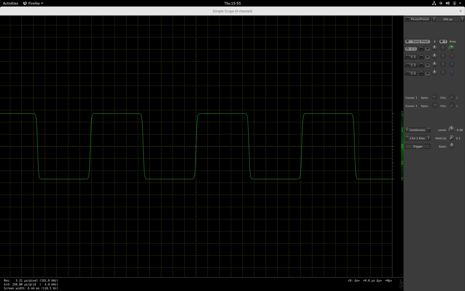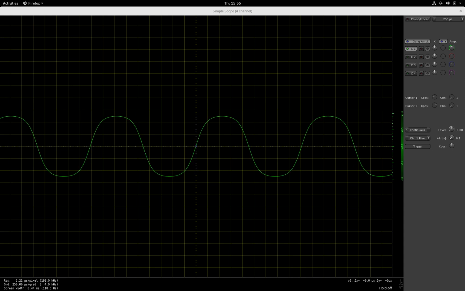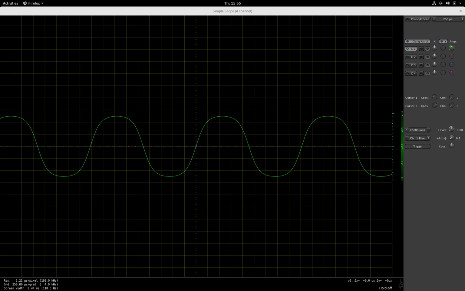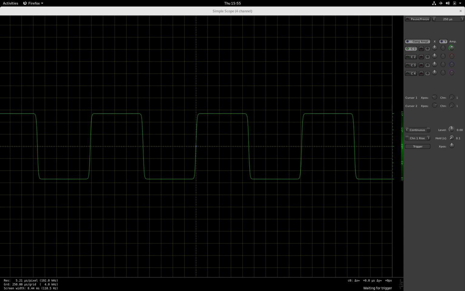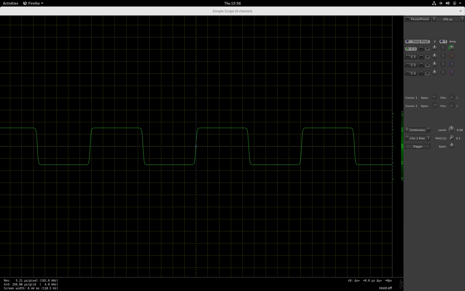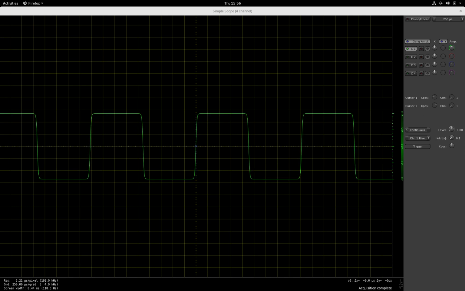But it will do nothing to the shape of the signal. If we reduce the gain, say to 10 decibels, and then decrease the level, the shape of the signal will remain as it is, and only the amplitude will move up and down. But back to a gain of 30 decibels, the level control will only scale the output signal up and down.